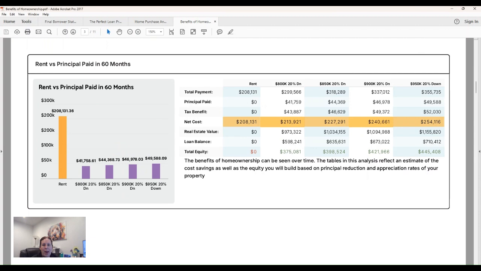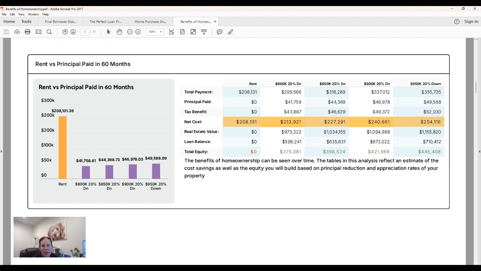And then here you have if they were to purchase, let's say in the 800,000 price point, they're going to have paid total principal of 41,759. So that means that their loan balance will have been paid down by almost $42,000. And then their home value would be 973,000.